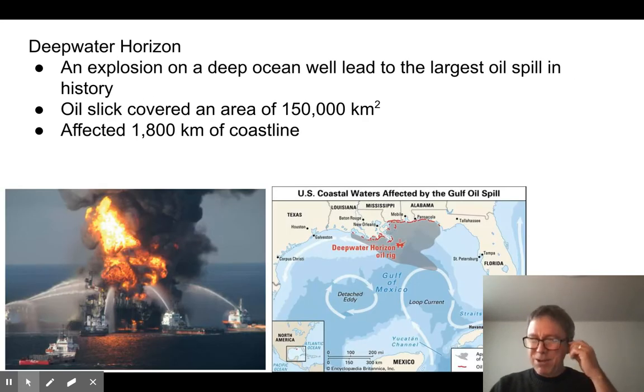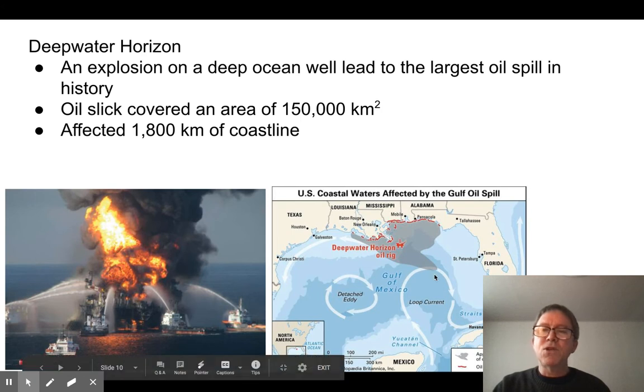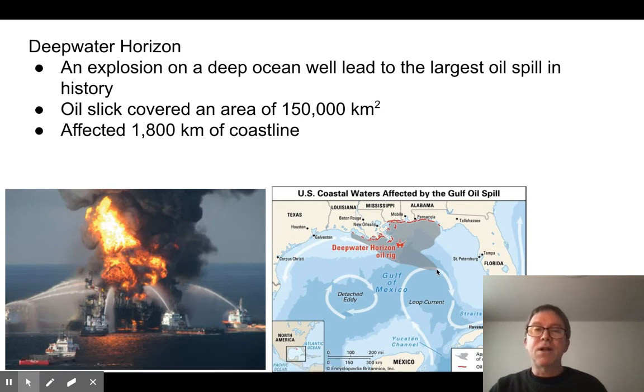Now, in 2010, there was one that happened. It was called the Deepwater Horizon. They made a movie about this, I think. But basically, as oil becomes harder and harder to find, at least in the United States, they pretty much pumped all the oil that was present here. They started to move offshore, into fairly deep water, thousands of meters down. Way down deep in the ocean, they built the technology to put a pump station down there.